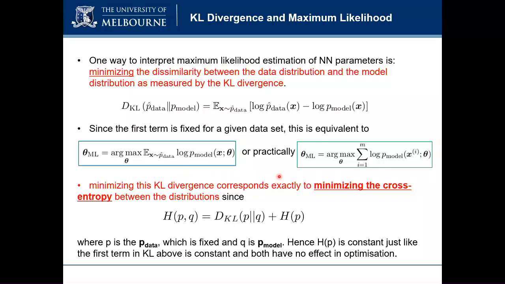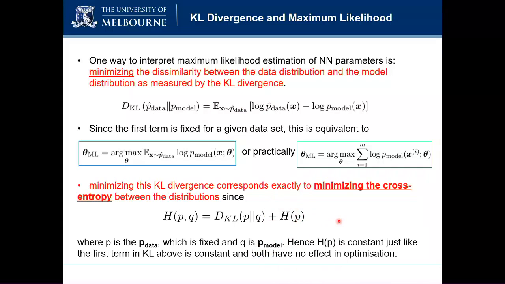So actually there's even one more connection. Minimizing this KL divergence also corresponds exactly to minimizing the cross entropy between these distributions. Why? Because cross entropy, remember, is KL divergence plus the fixed H of P. But H of P is constant like the first term in the KL here, so it doesn't have an effect in the optimization.